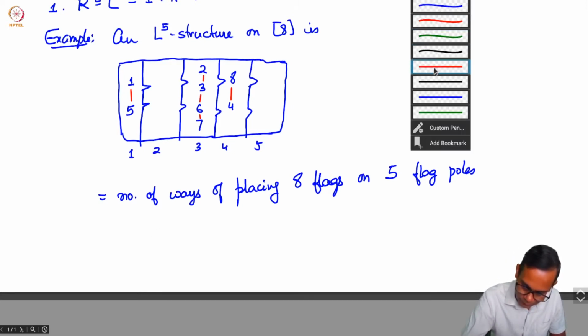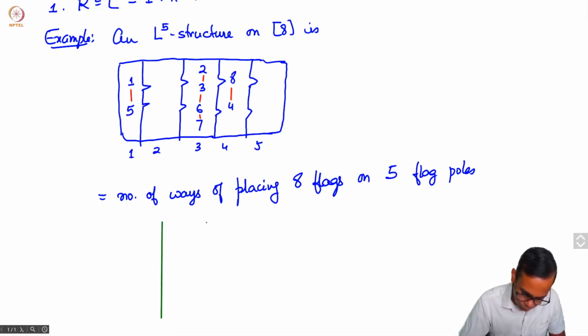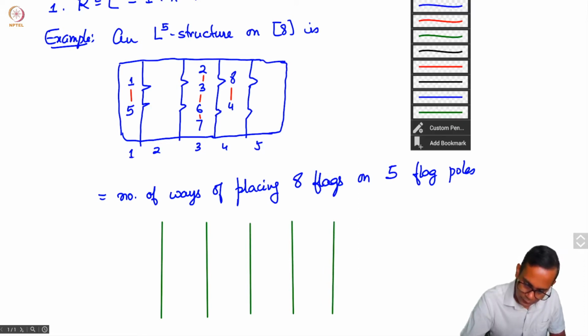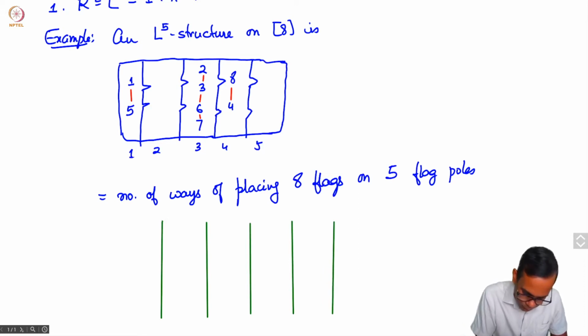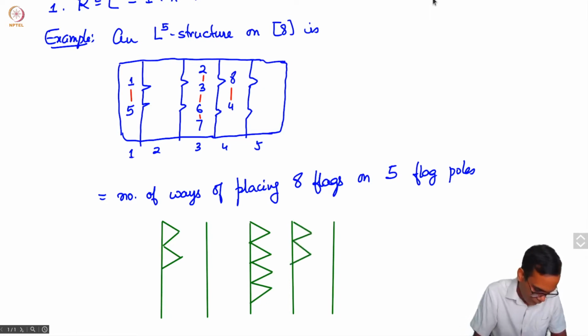So you can draw it like this: pole 1, pole 2, pole 3, pole 4, and pole 5. And my flags, on the first pole I have 2 flags, on the second pole I have no flags, on the third pole I have 4 flags, on the fourth pole I have 2 flags, and again on the fifth pole I have no flags. Let me put the numbers of these flags.